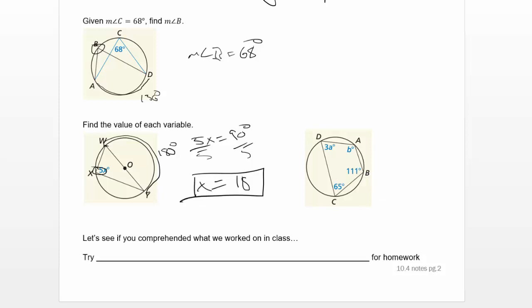Lastly, this four-sided figure, this quadrilateral, is inscribed inside of this circle. We saw just a moment ago that since it's inscribed, opposite angles across from each other are supplementary. So one relation I know is that angle B plus 65 is 180.